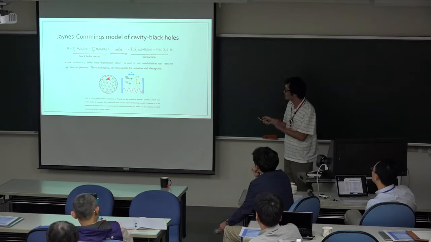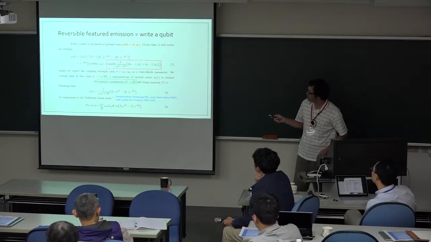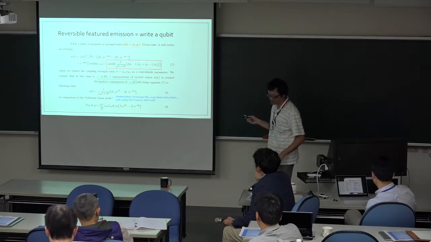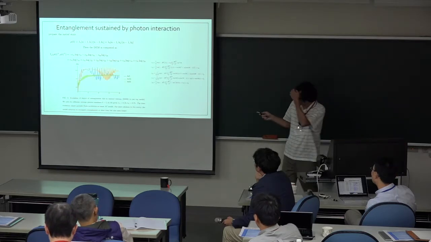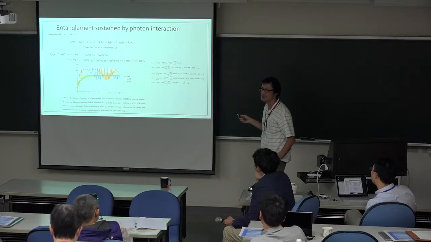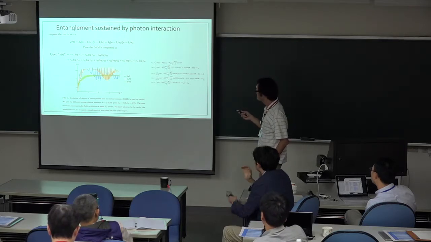A Hamiltonian with only one simple state and two excited states. Then you compute this quantity for the photon. The Hawking radiation is a photon radiation field.